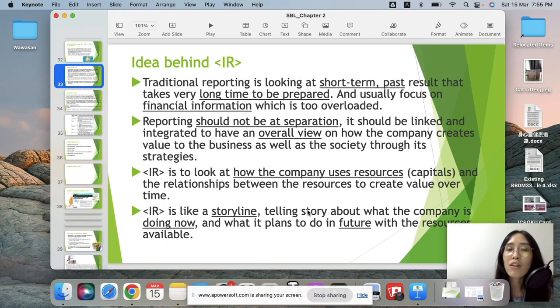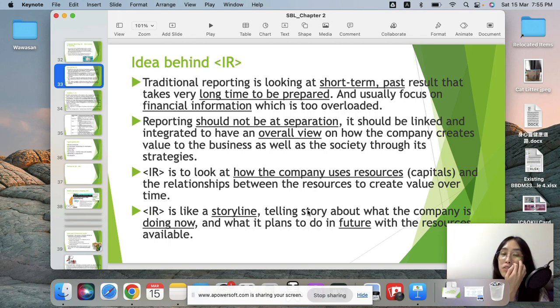So this is the idea of integrated reporting, where it serves like a storyline. Right? It serves like a storyline to let your stakeholder know what the company plan to do from the start until the end, from the strategy formation all the way until the result after they have taken the action, and how does it affect the future strategy. So it serves as a storyline, right?